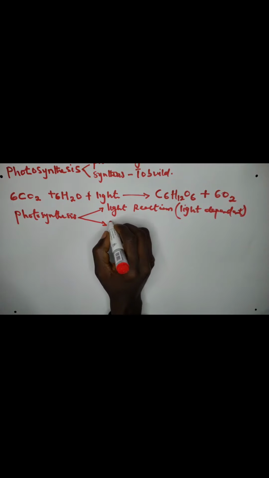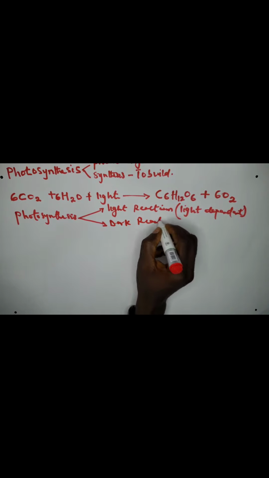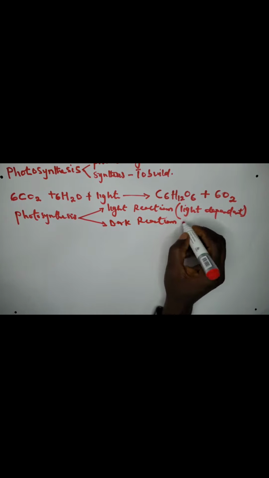And we have the other stage, which we call the dark reaction. And here, it does not necessarily need light to take place. So dark reaction is not an appropriate word to explain what goes on there, because the majority of students used to think it only takes place in the dark.